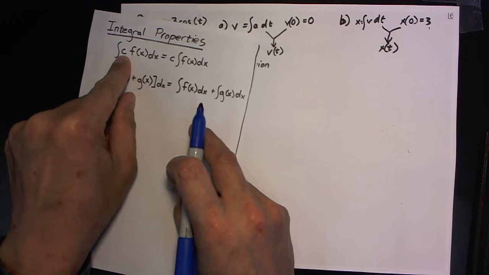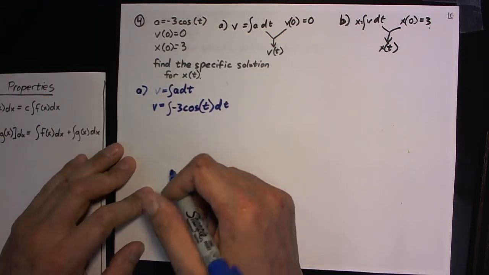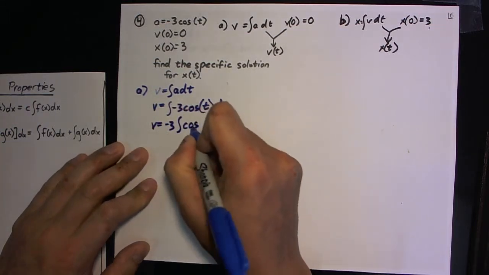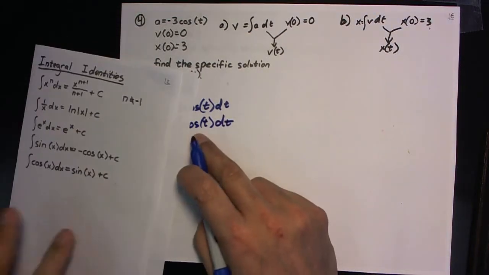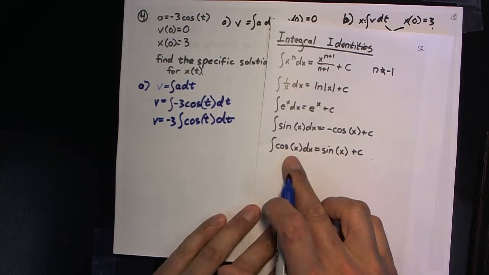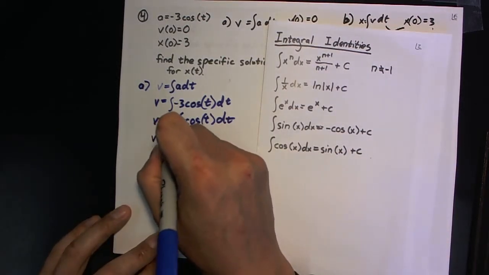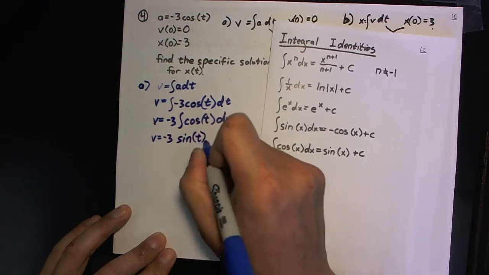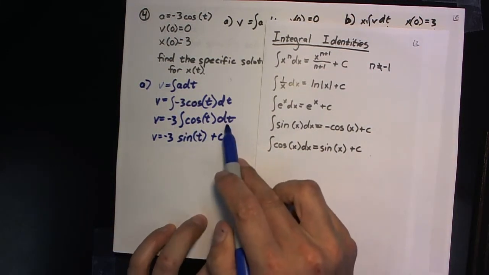However, we do need this identity because we got a constant there, that -3, that can be moved outside the integral symbol. All right, integral of cosine of t is sine. Okay, so we've gotten rid of the integral symbol and the dt.